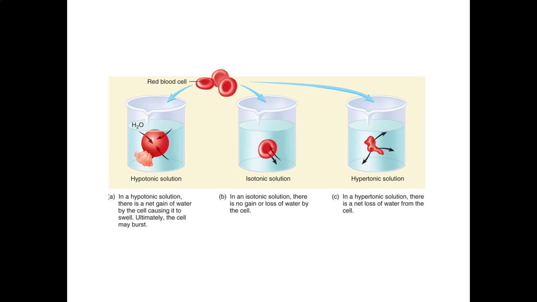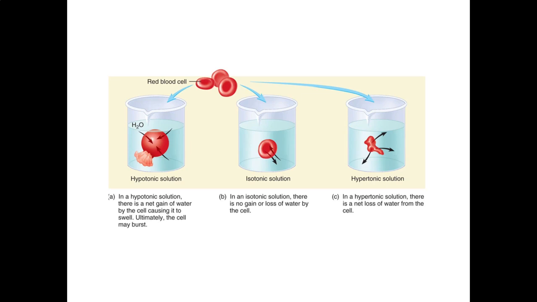Water is going to go into the cell to try to make everything equal, right? Everything wants to be equal. So in the isotonic solution here, this middle guy, nothing's happening because it is equal. The amount of water going in is the same as the amount of water going out.